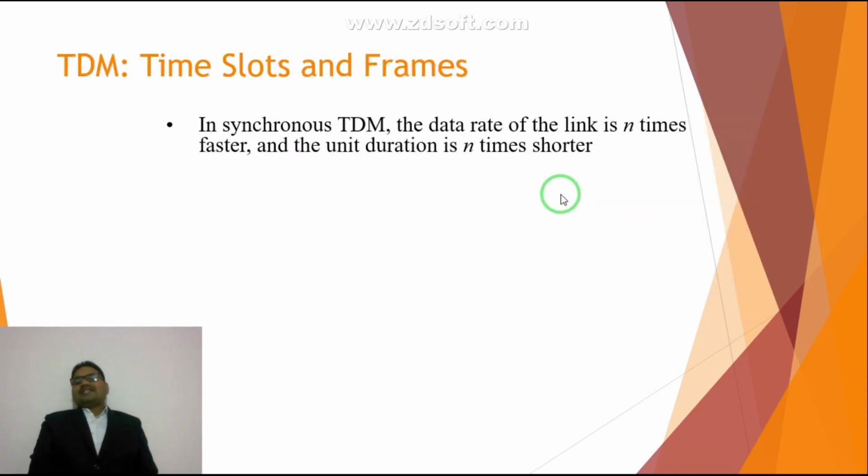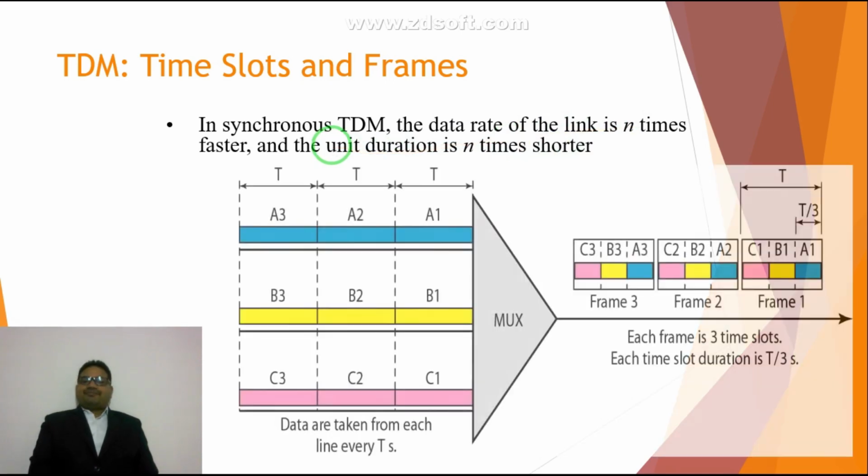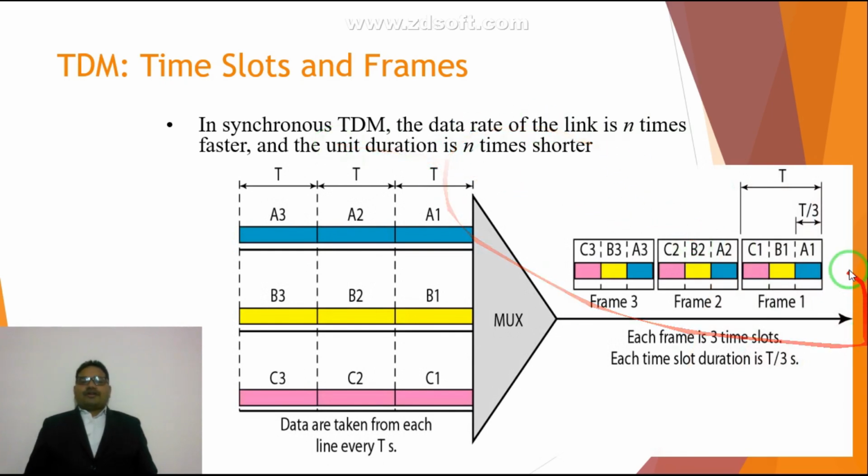So TDM could be synchronous and it could be asynchronous. In synchronous TDM, the data rate of the link is n times faster and the unit duration is n times shorter. You can understand it from this example. See, there are three sources, A, B and C. We are going to split the information from source A into A1, A2 and A3.